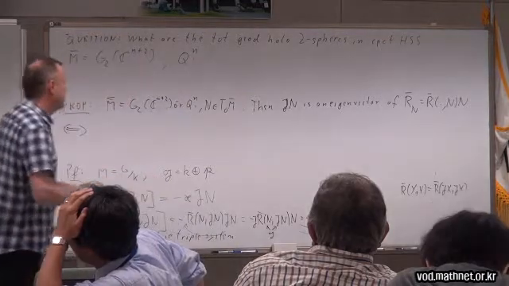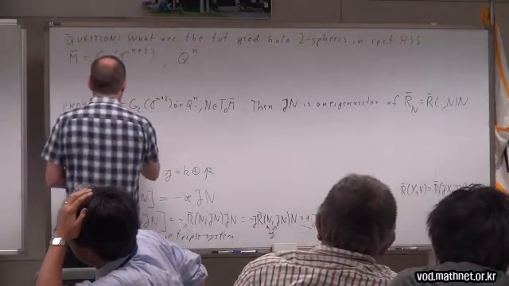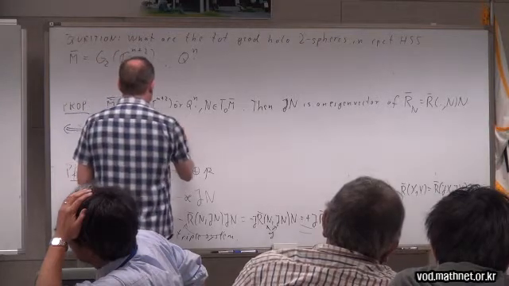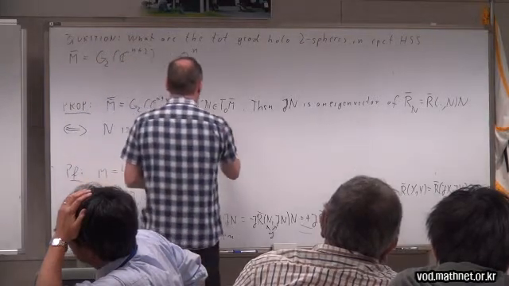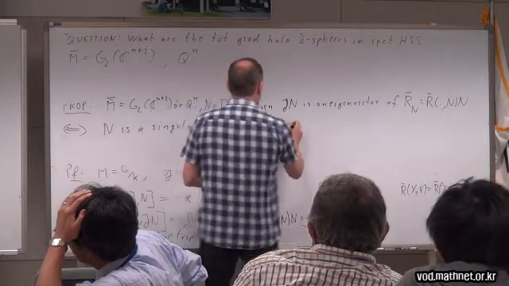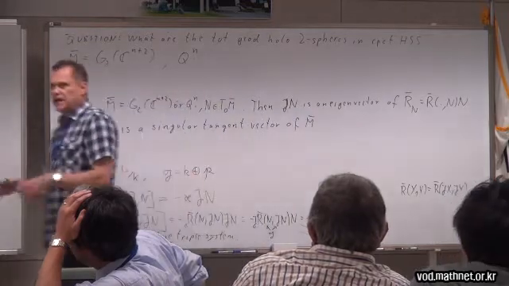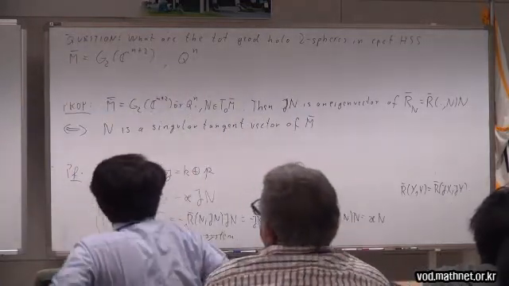Then Jn is an eigenvector of this if and only if n is a singular tangent vector of M bar.